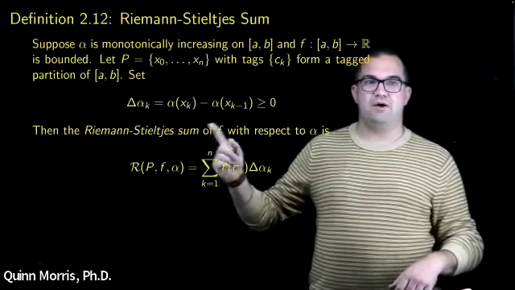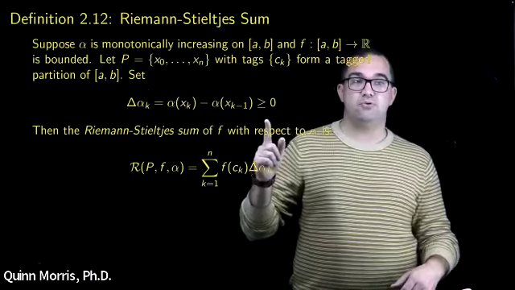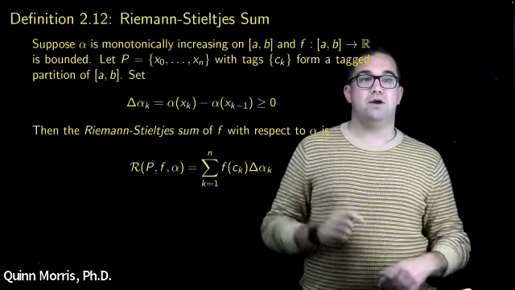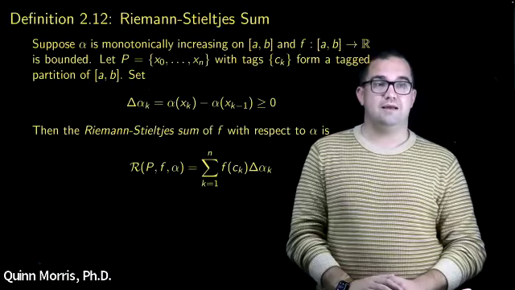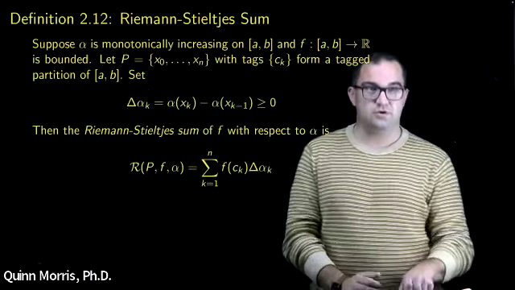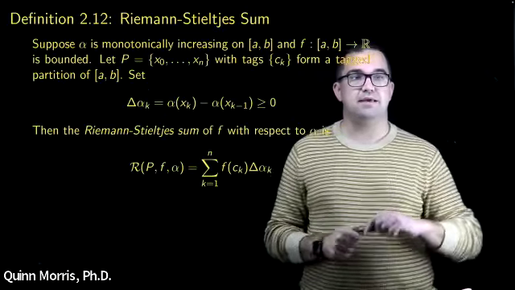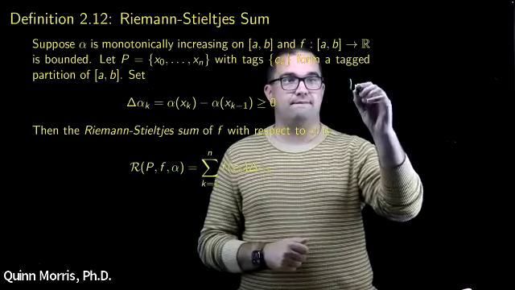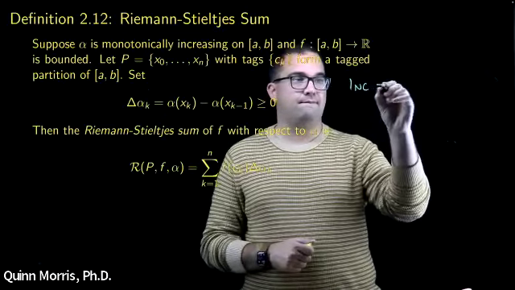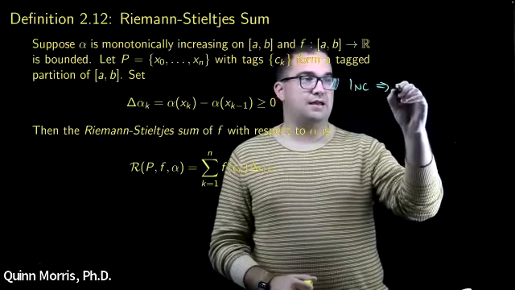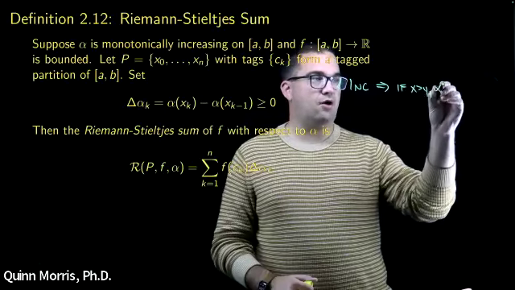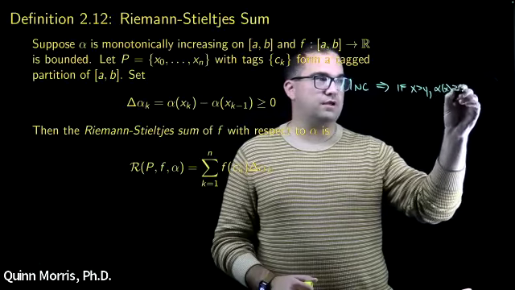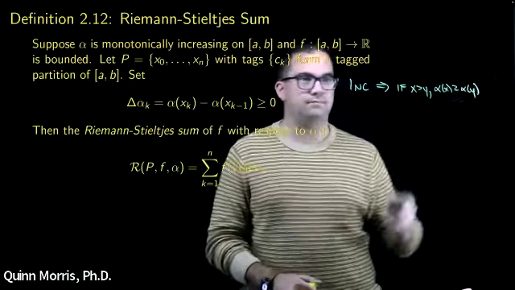The other thing I want to point out with the delta alpha k's is they must be greater than or equal to 0 because alpha is monotonically increasing, right? Increasing means that if x is greater than y, then alpha of x is greater than or equal to alpha of y.